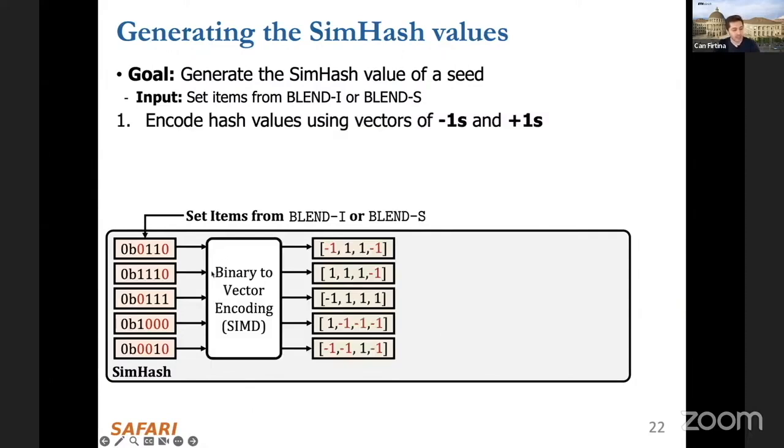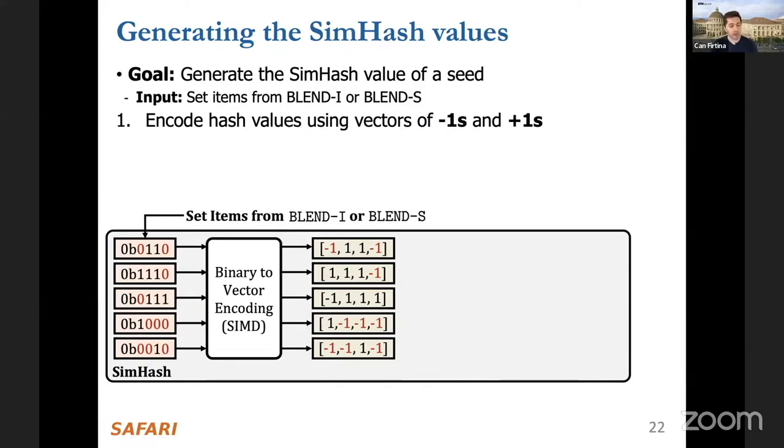Then what we essentially do is a binary to vector encoding using a SIMD technique. This is because we want to subtract 1 from the counting in the SimHash technique whenever we see a 0, and we want to add 1 whenever we see a 1, so that we can calculate the net difference of zeros and ones at each bit position.